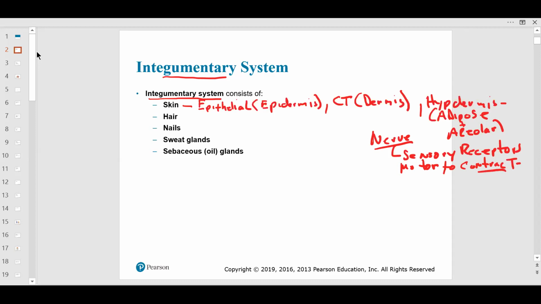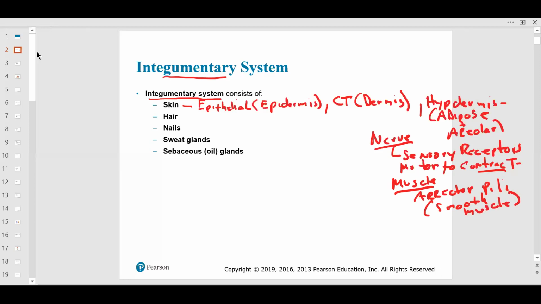And also there's a muscle tissue in there, and that's the erector pili. Remember, this is smooth muscle. So you need nerve innervation to the muscle of the erector pili. All muscle needs a nerve impulse.